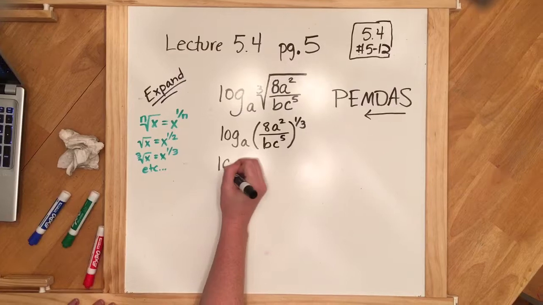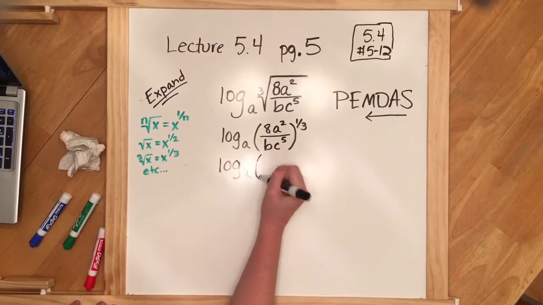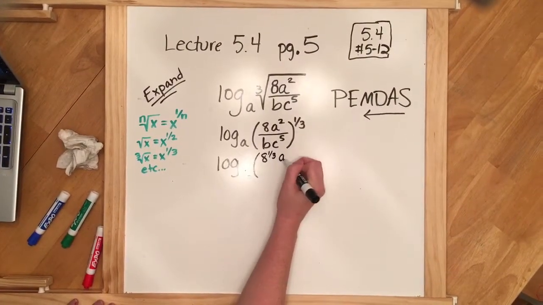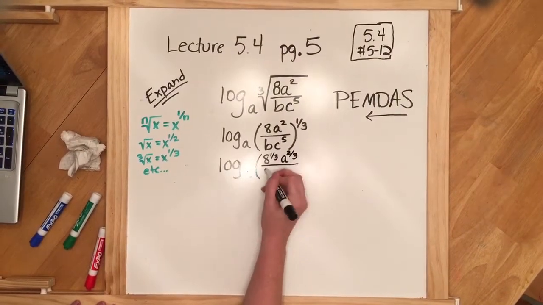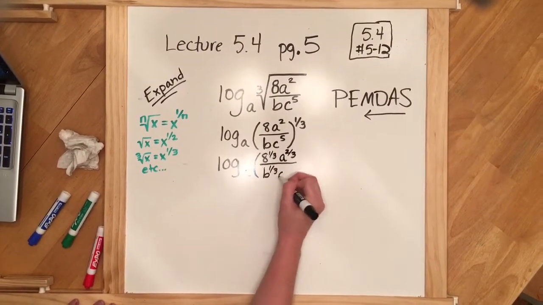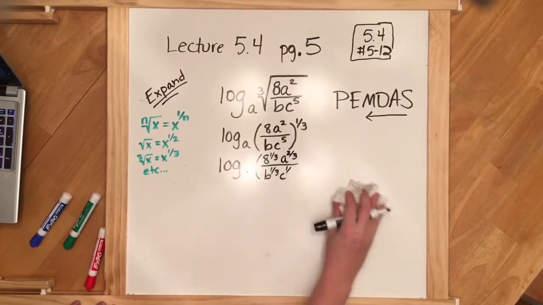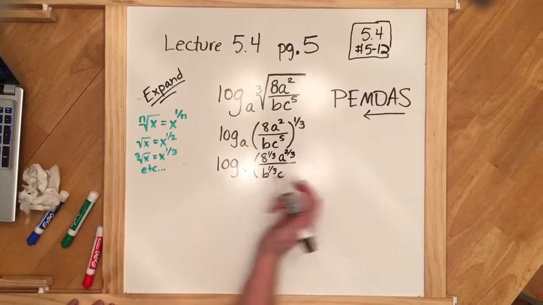So I have log base a of 8 to the 1/3, a to the 2/3, over b to the 1/3, c to the 5/3.